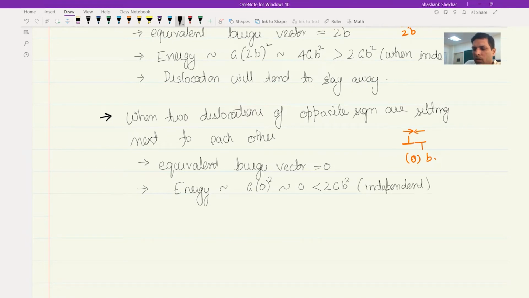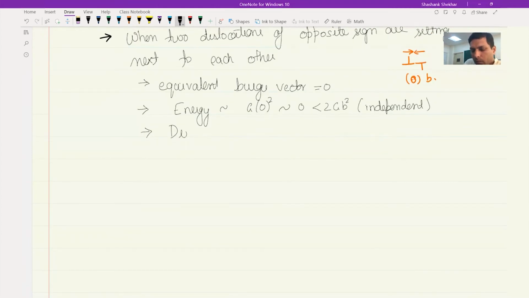So what is the message here? That the dislocations will attract each other. So dislocations with opposite B will attract and annihilate, while dislocations with same or similar sign will repel each other.